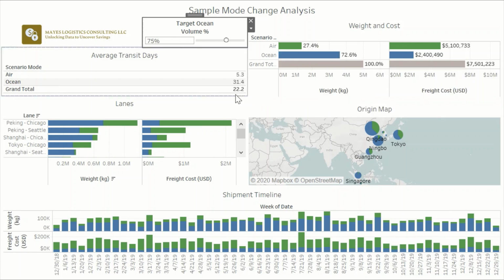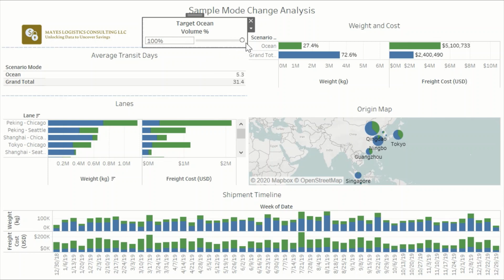And the total average lead time is increased to about 22.2 days for the scenario where 75% of the volumes are flowing via ocean.